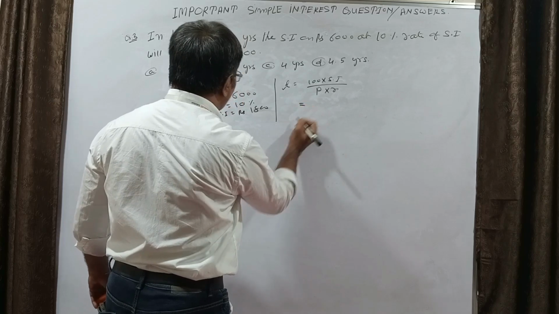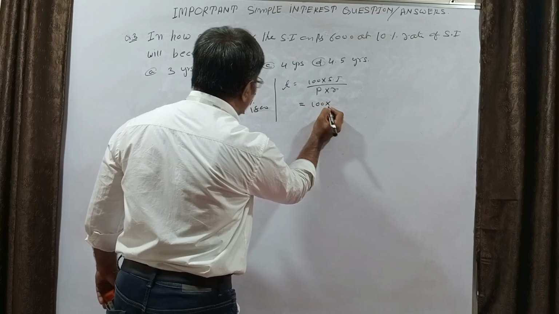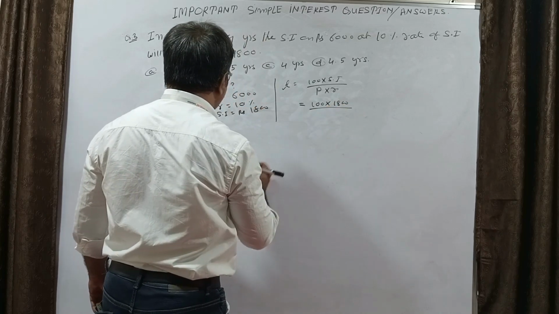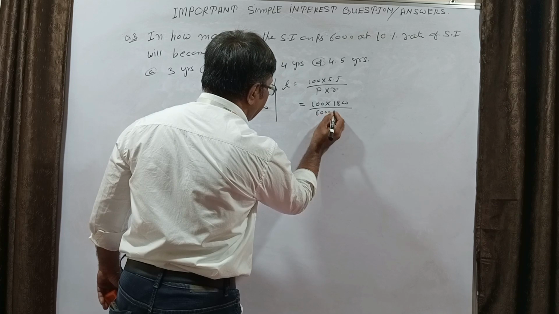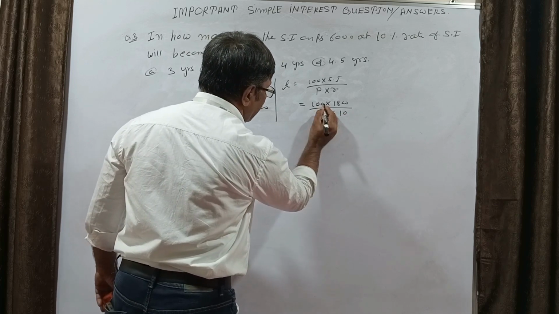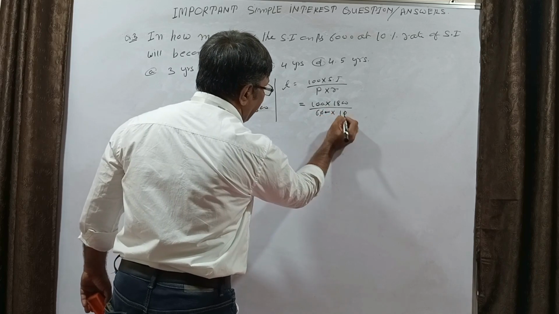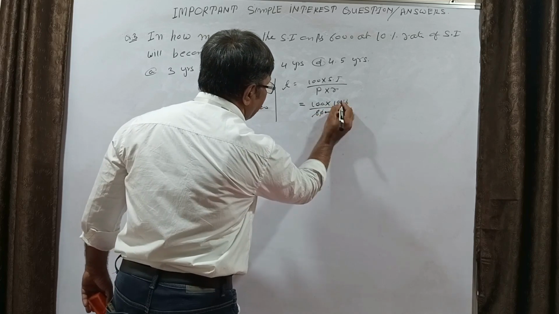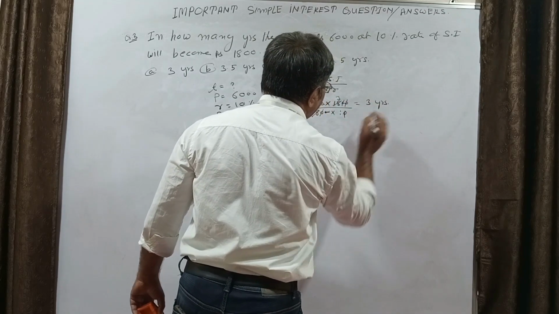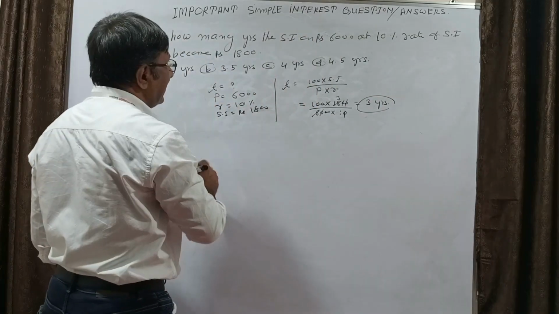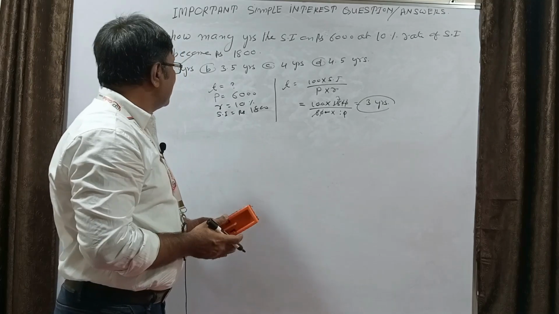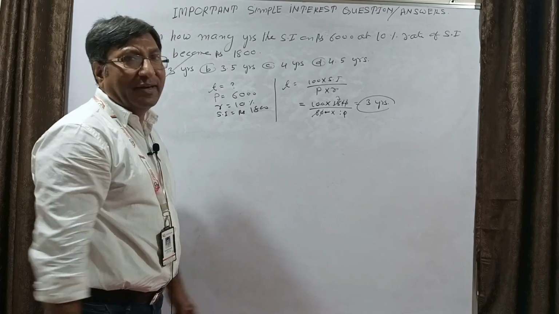So you can directly solve this question. 100 into simple interest, 1800, divided by P, which is 6000, and the rate, 10. Here the zeros cancel, and 6 threes are 18. So our correct answer is 3 years, which is option A. So A is the right answer.